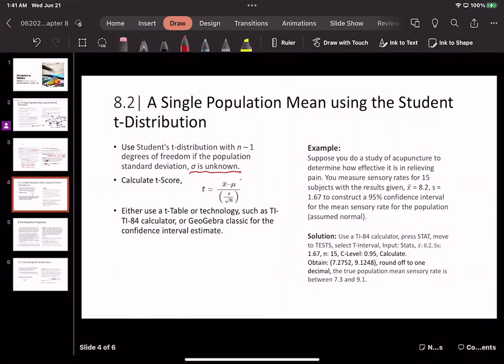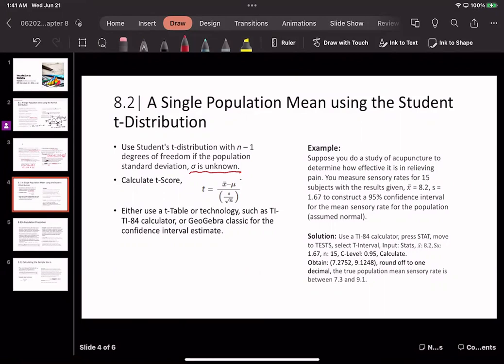The concept is about the same. We take x bar minus mu, divided by the sample standard deviation divided by the square root of the sample size.